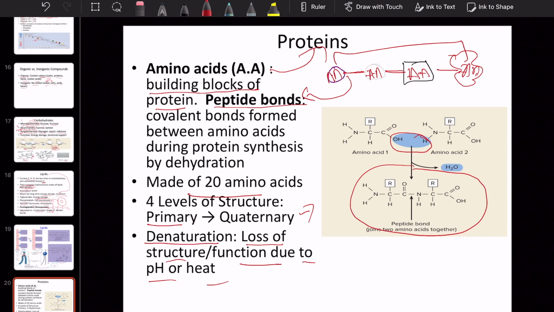So the white is what? Protein. The protein that you put in that pan loses its function and structure. You cannot bring it back to the original state. That happens due to what? Heat. So that is denaturation, a loss of structure and function.